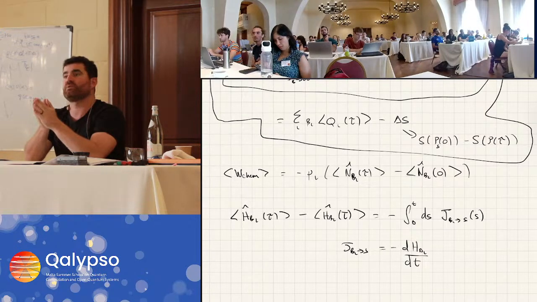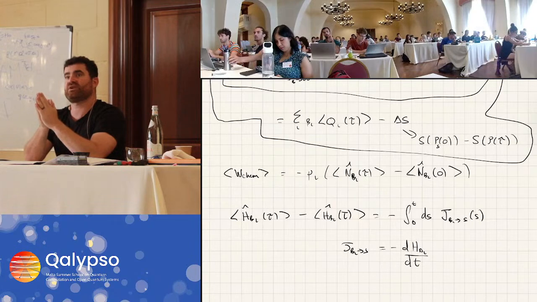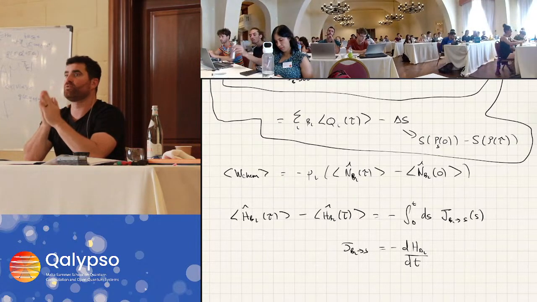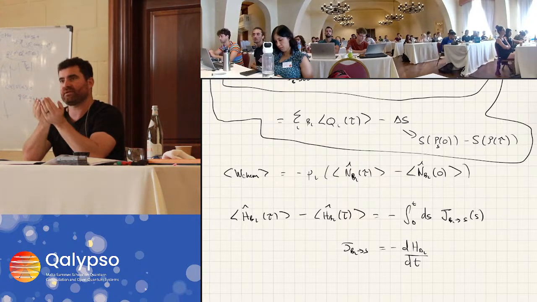With multiple baths, you're in the situation of non-equilibrium steady states. This is the situation where you generate currents, but d rho dt of the system is zero.